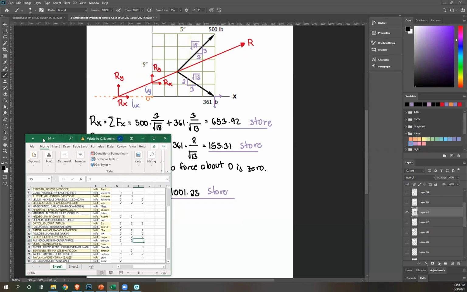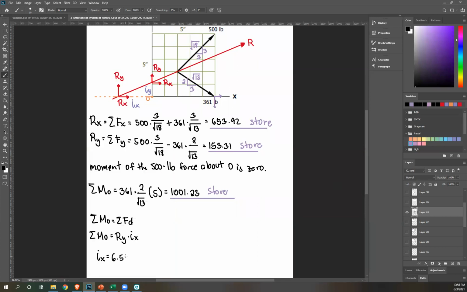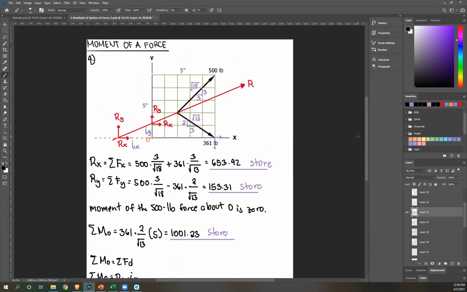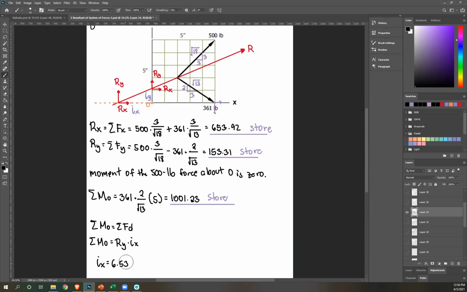Okay. 6.53. And then what's our unit? So our unit was pounds and then inch for distance. This is distance, therefore our unit should be inch or inches. Do the same thing to solve for Ry.